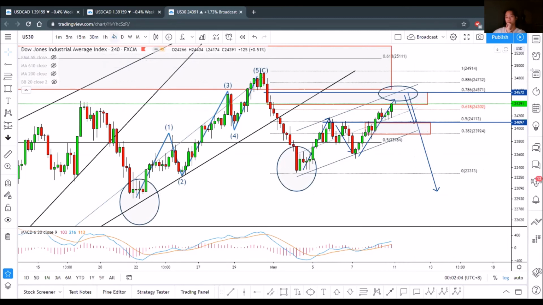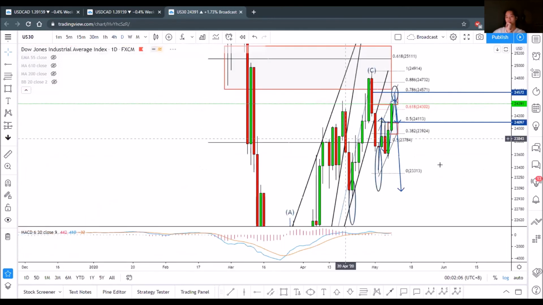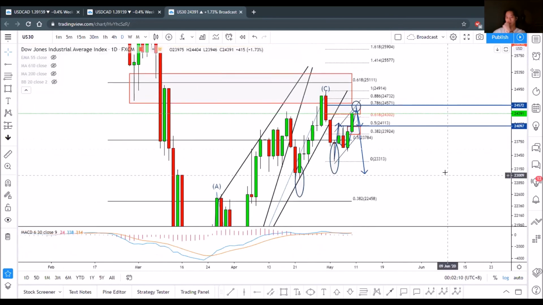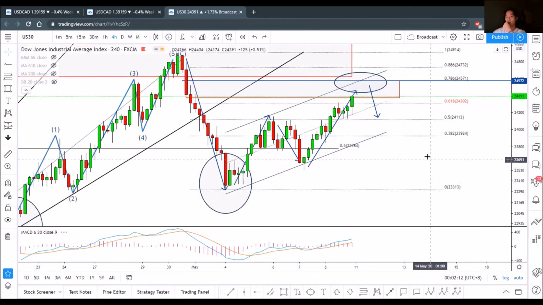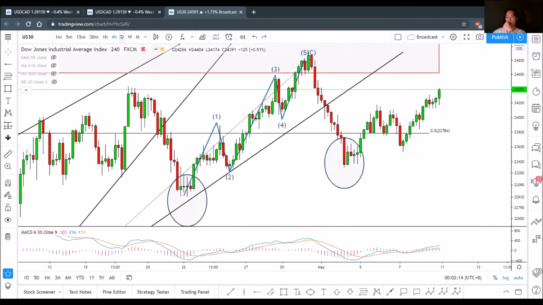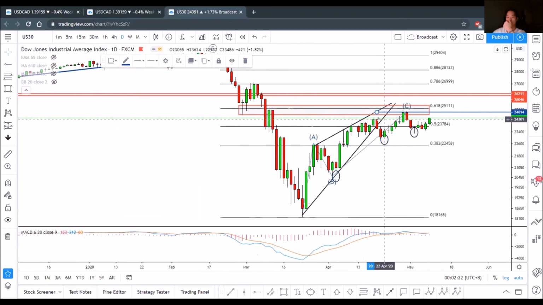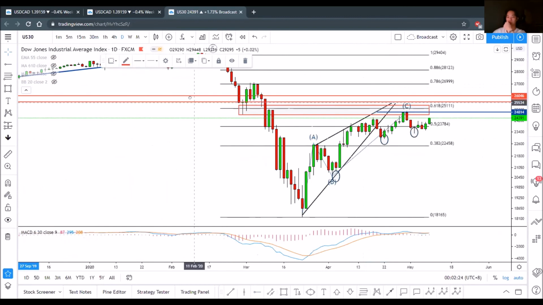But of course, let's also talk about what if the price were to go up further. What if the price were to break higher and break above the previous high right here? I don't think there is a lot of upside, but most importantly, we want to look at this region.